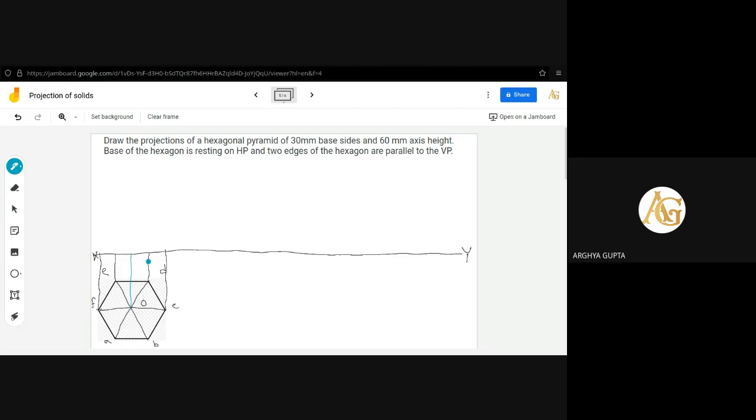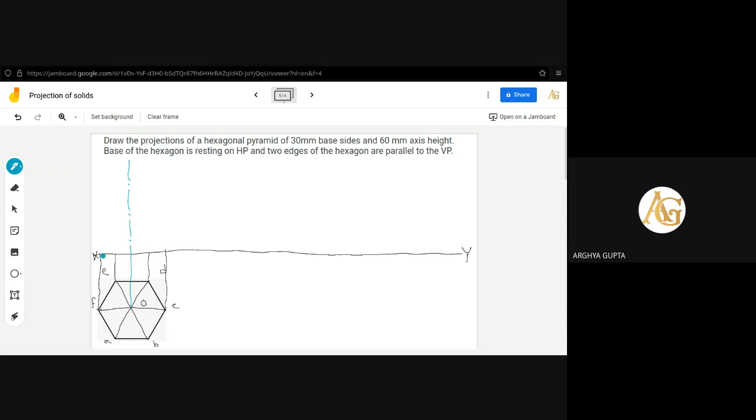Now from that ground line, we have already known how to draw an axis line. Axis line is a chain line. We have already known how to draw it. So draw a chain line, and take the height of 60 mm from the base.